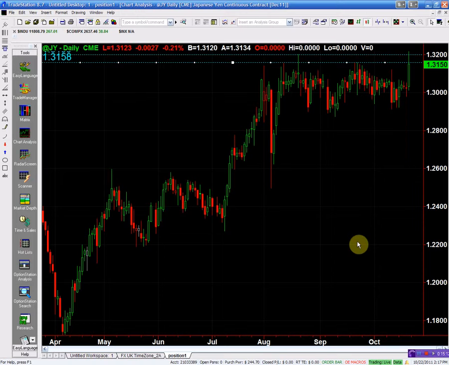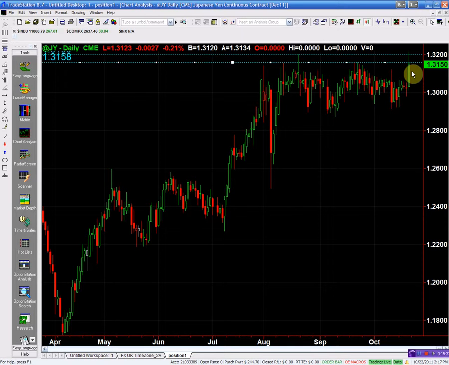What that says to me is that there isn't that power coming in that move that happened on Friday. We don't have the confirmations in it that this is really a bona fide move to the upside.